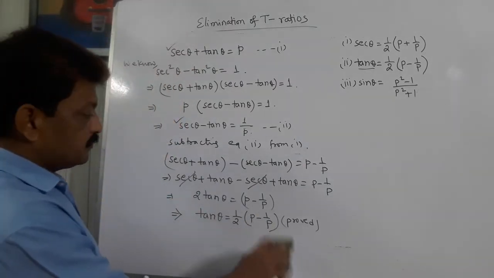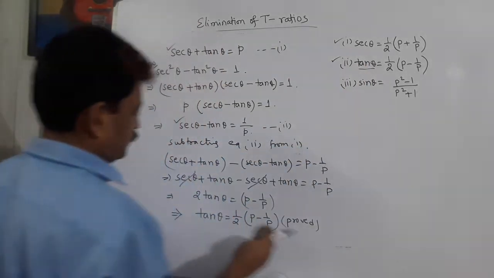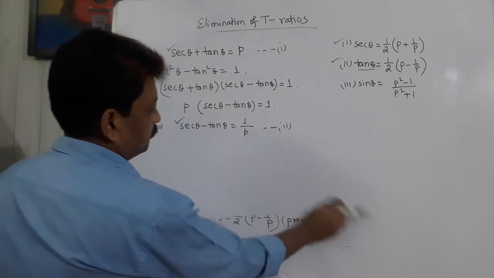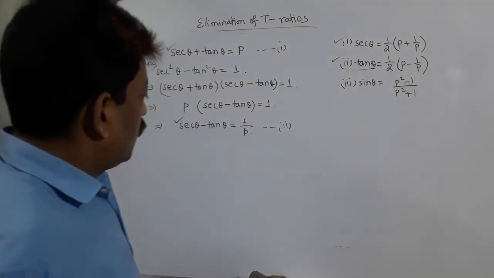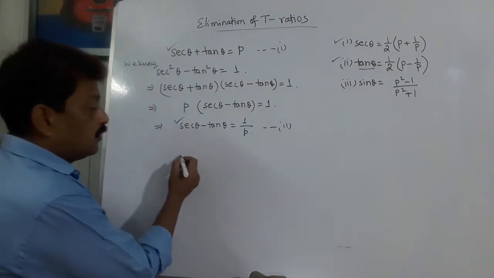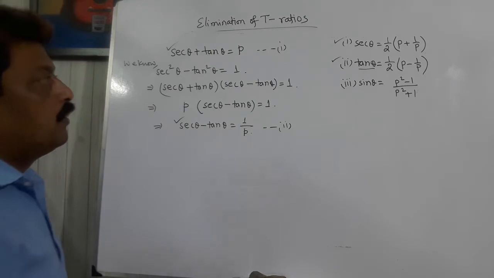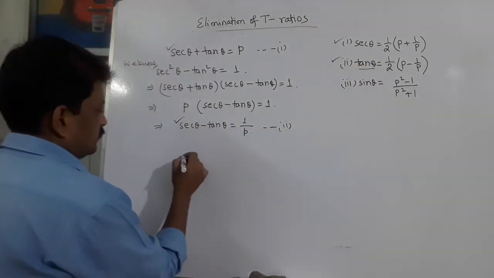So let me erase this. We have got the first one is proved, the second one is also proved. Now let me divide tan theta by sec theta. Let me see what happens.